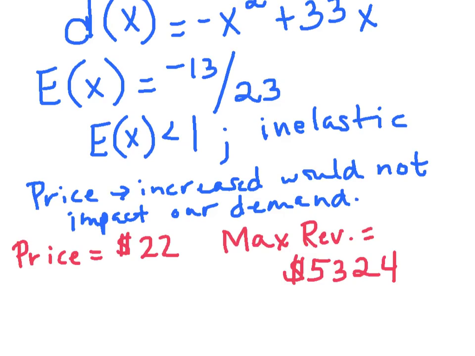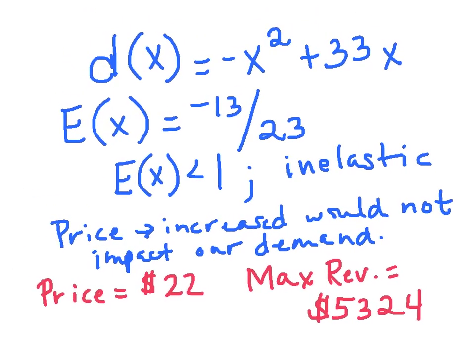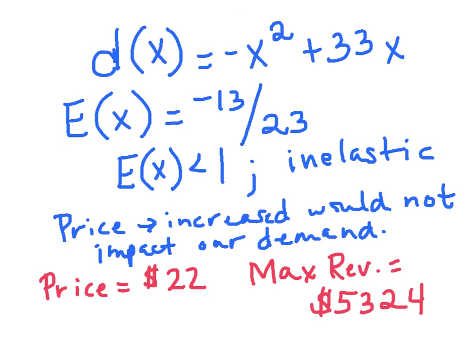Okay, so let's go ahead and summarize what we've come up with now. And what we've come up with is lots of information actually. Our original function was D of x is equal to negative x squared plus 33x. We found that our elasticity was equal to negative 13 over 23, and remember, that was when our price was equal to $10.